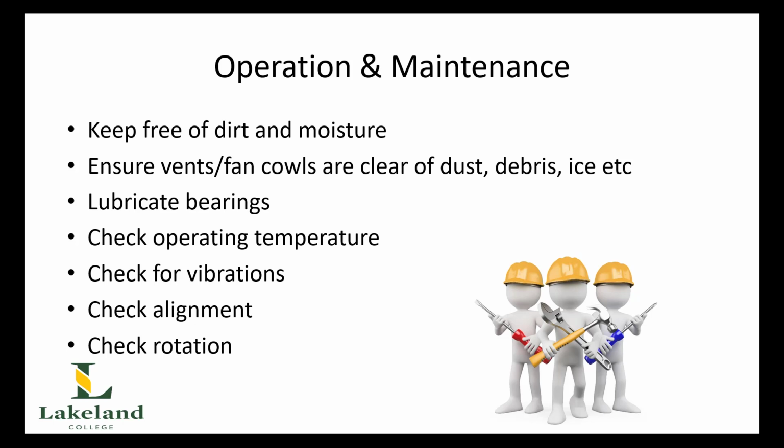The next, checking for vibrations. That's usually a sign that the bearing is on the way out or there's some sort of imbalance in the rotor. And vibration is going to cause damage and wear to the bearings and will eventually cause failure. Next is checking the alignment. We don't really do this. This is a millwright's job, but that's the alignment from the motor shaft to the coupled load shaft, something like a pump shaft.